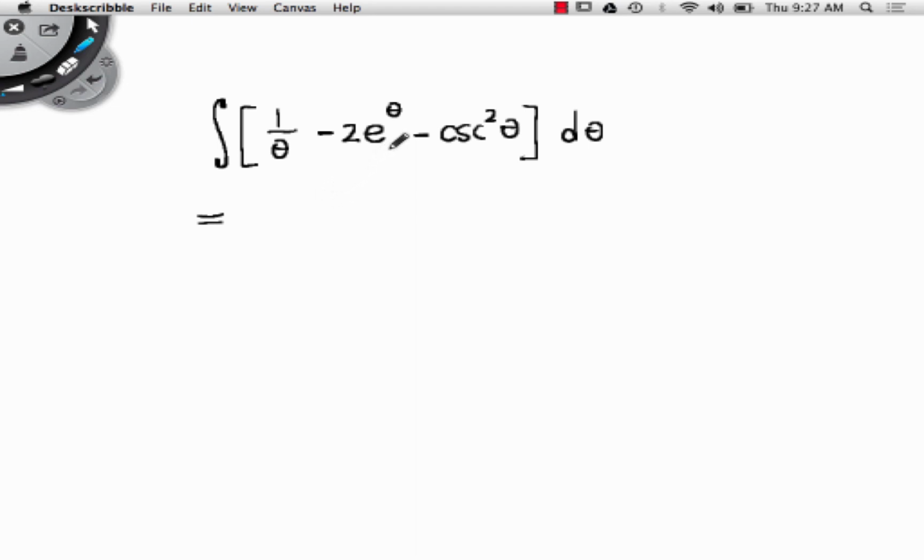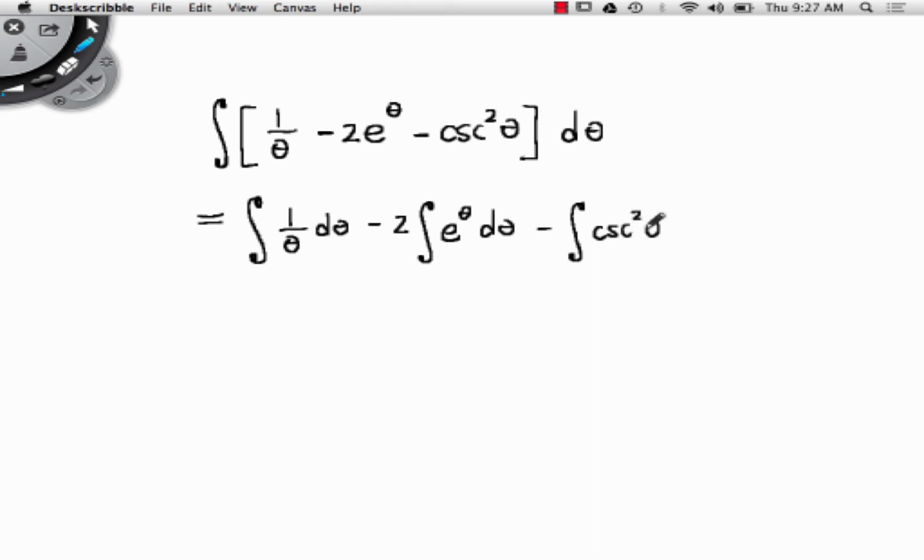Can we split it off? Correct. This becomes the integral of 1 over theta d theta minus 2 times the integral of e to the theta d theta minus the integral of cosecant squared theta d theta. So this is ln absolute value theta. Correct? Minus 2 e to the theta. Correct.